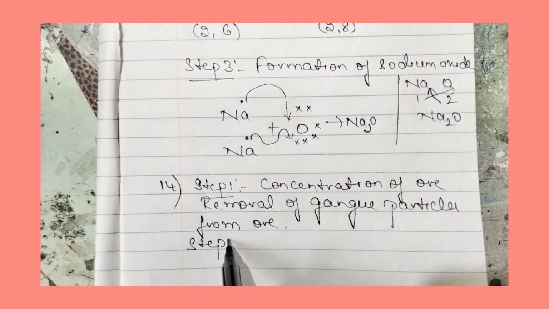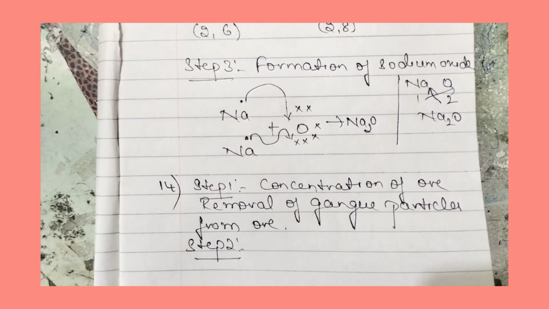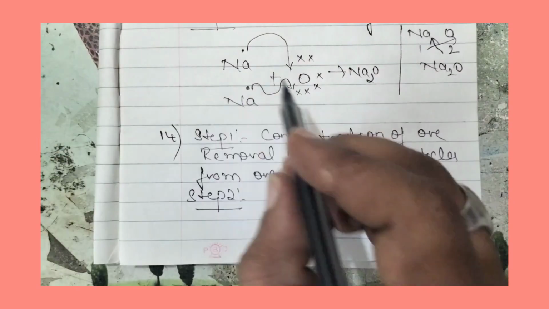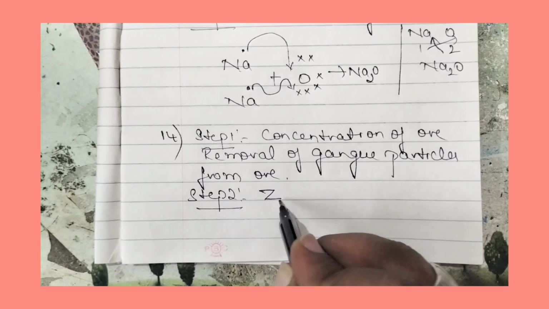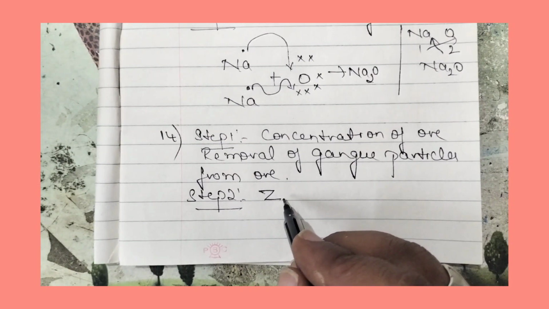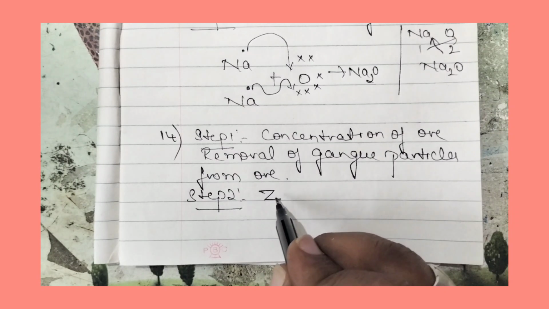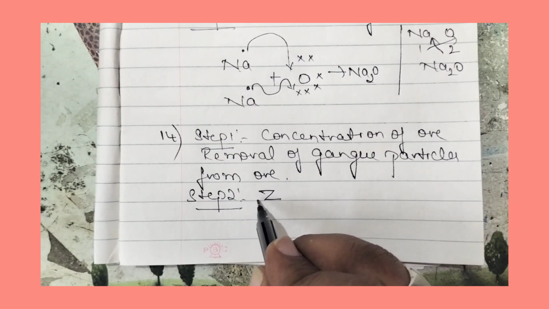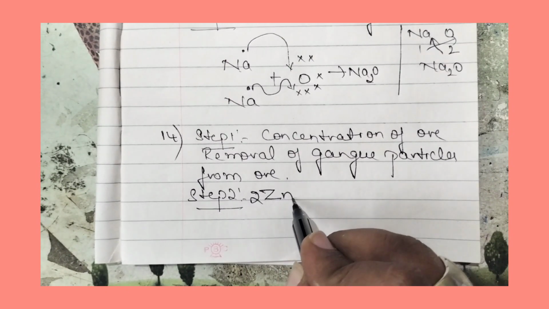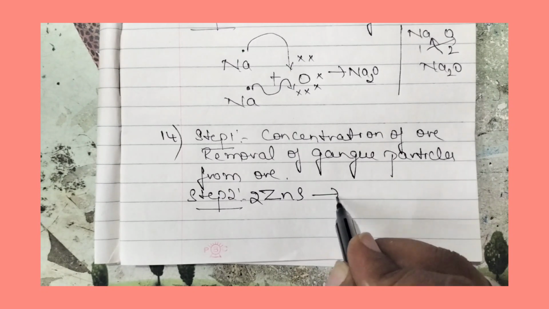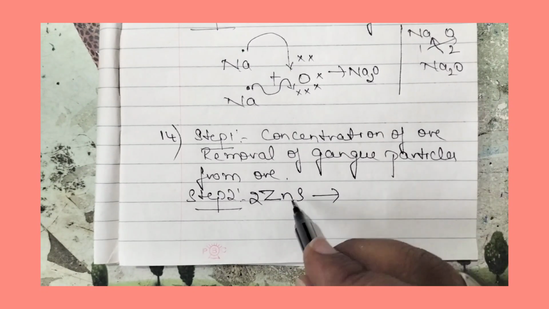Now step number 2. Zinc blende is a sulfide ore. So the second step is roasting.